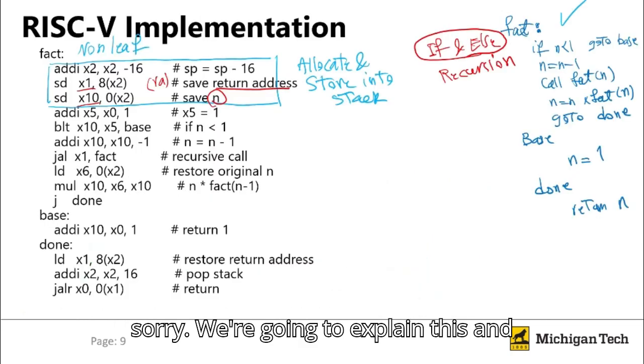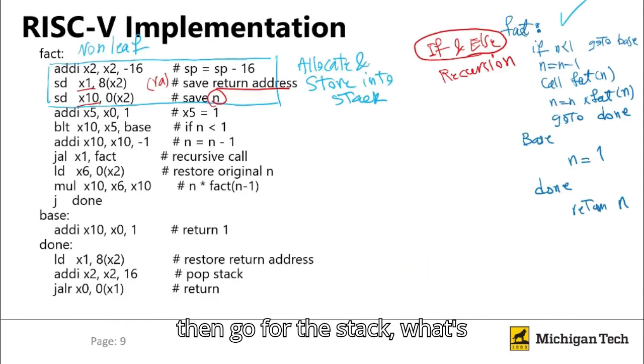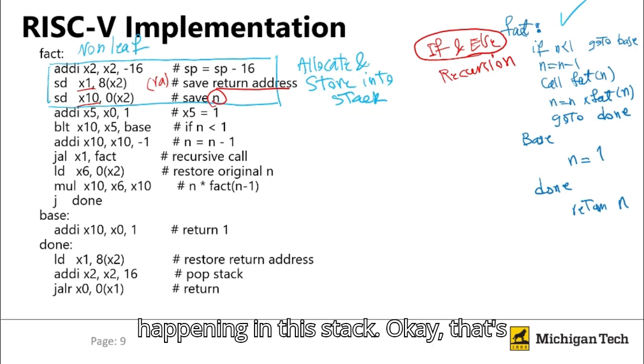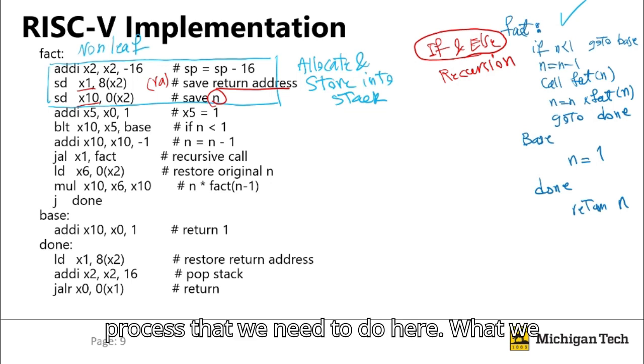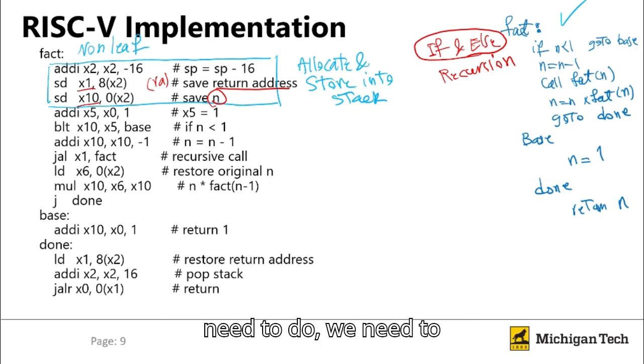We're going to explain this and then go to the stack, what's happening in the stack. Okay, that's allocating. Then we do the process that we need to do here. We need to decrease n by 1.